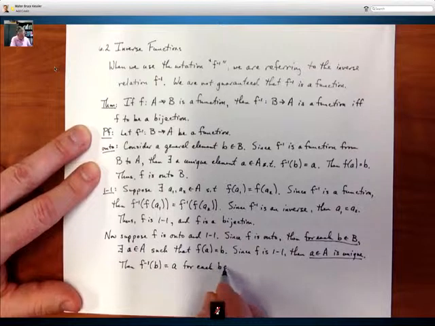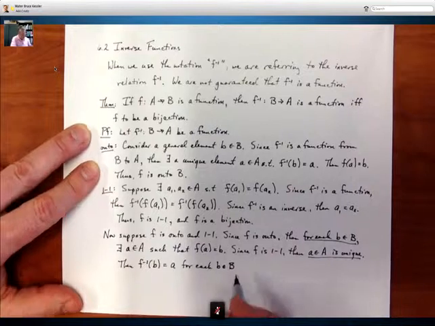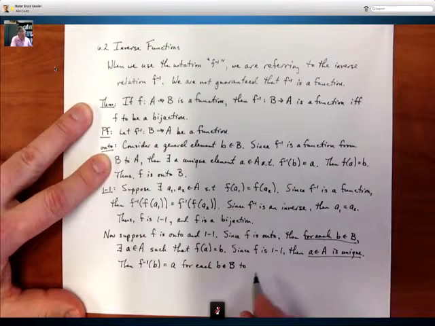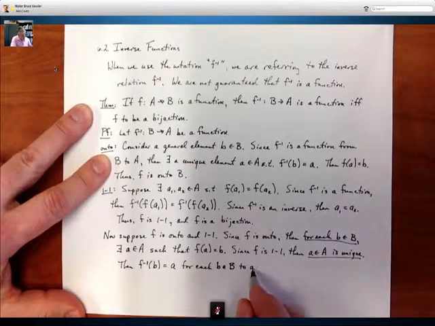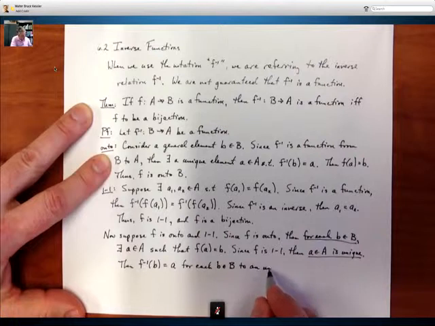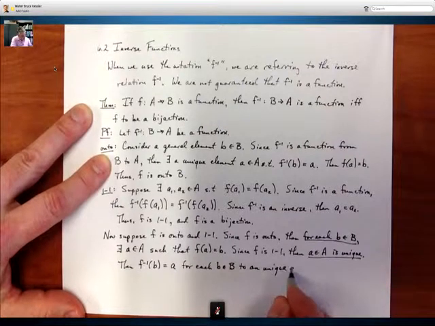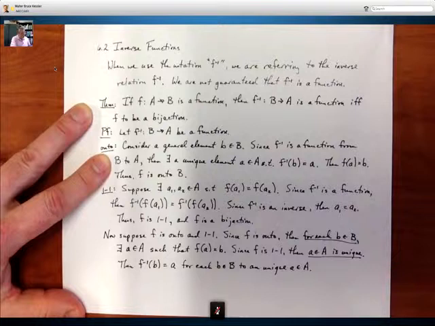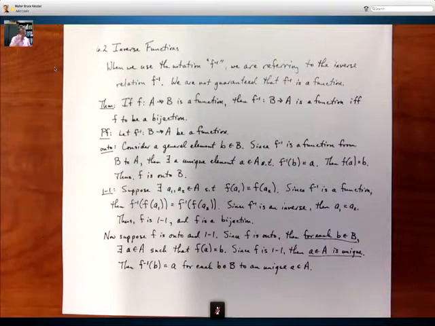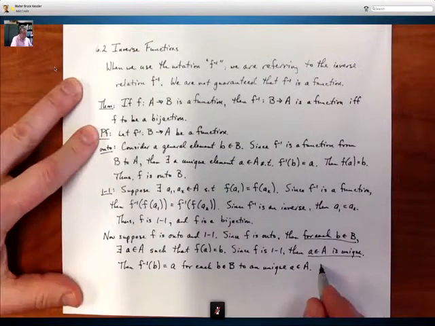For each b in the set B, F inverse gives a unique a in the set A. Thus, F inverse is a function.